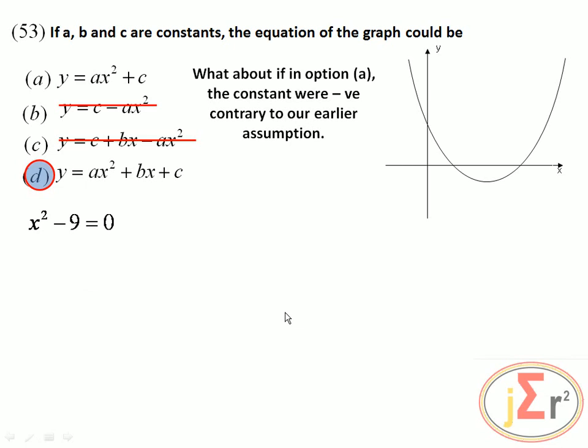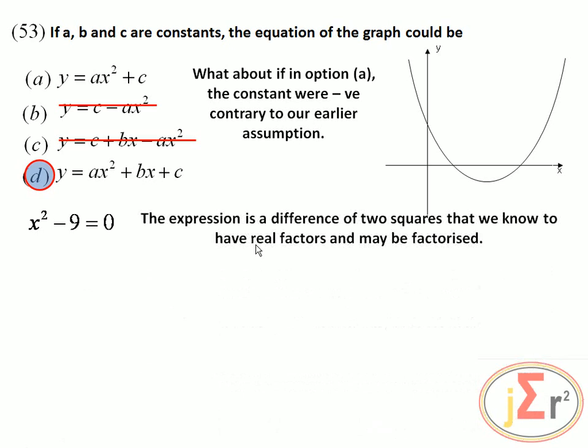negative. So we have x squared minus 9 is equal to 0. This is a difference of 2 squares. The expression is a difference of 2 squares that we know to have real factors and may be factorized. Like so. X plus 3, x minus 3.